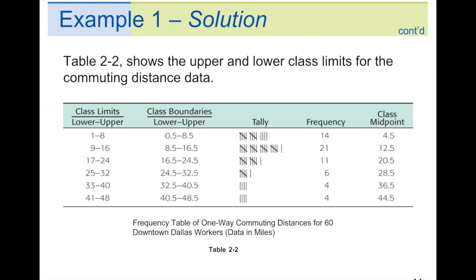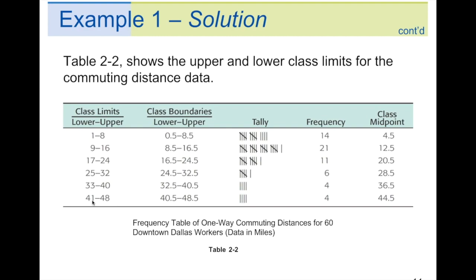So if you see here, we started with 1 for the lower class limit, added 8 to that to get 9, added 8 to that to get 17, plus 8, 25, plus 8, 33, plus 8, 41. And then we went to the upper limits of each. So right before 9 is 8, right before 17 is 16, and so on.